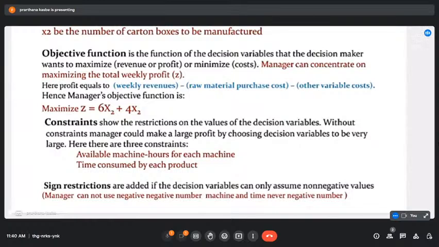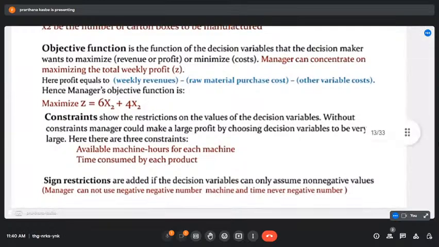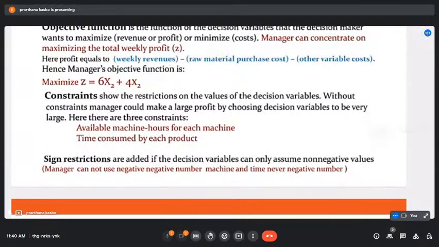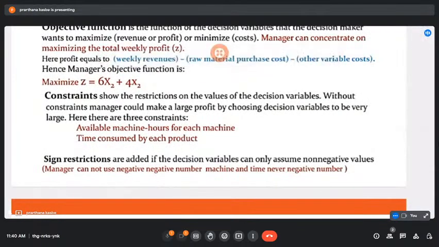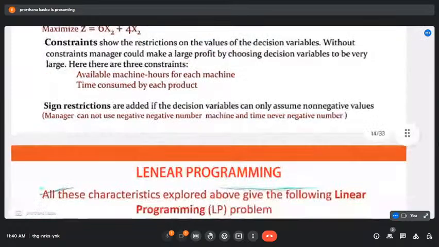We know that the times given for each product are different. The sign restrictions are added if the decision variable can only assume non-negative values. So the manager cannot use a negative number of machines, and the time is never a negative number.